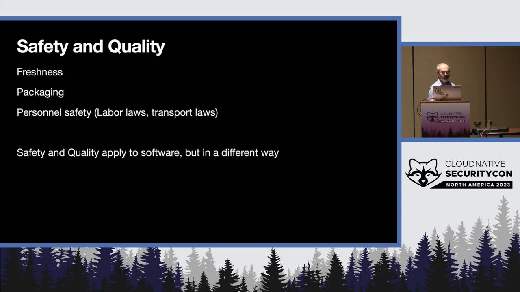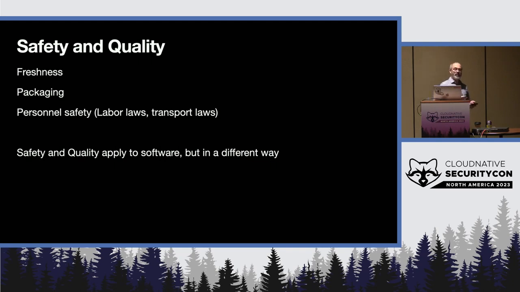Particularly that's a problem with chemical and medical supply chains, but definitely applies to others. Or in the case of the entertainment supply chain, the safety of the workers, the safety of the truck drivers in logistics and transportation. Much of that doesn't apply to software, luckily. Software doesn't go bad. It doesn't have an expiration date, although you could argue that it probably should.